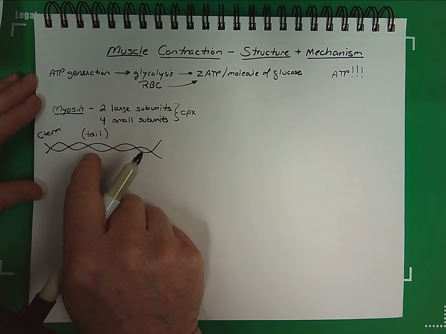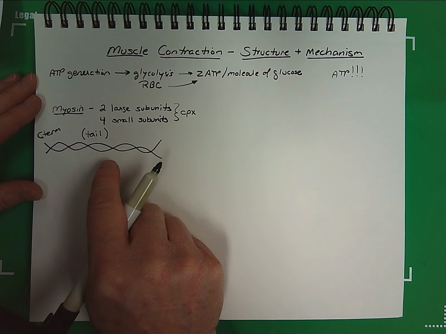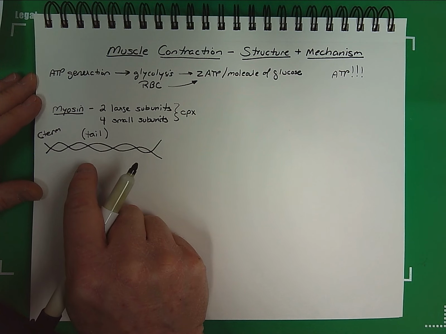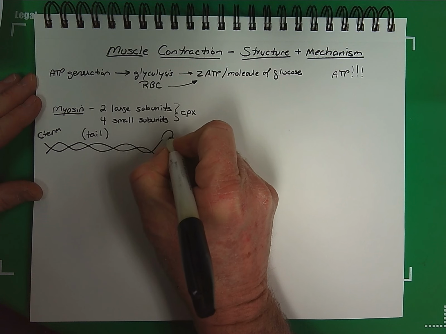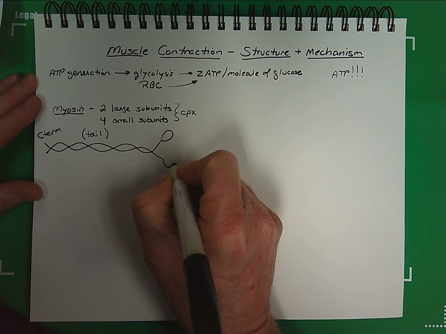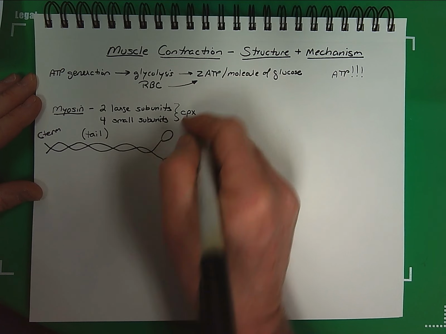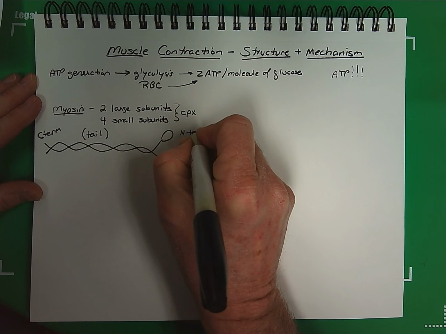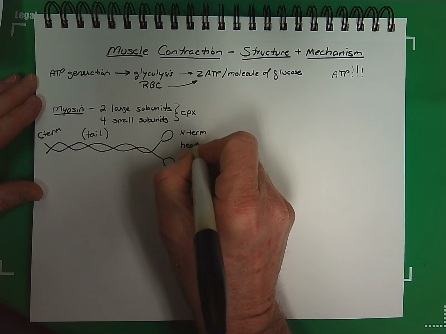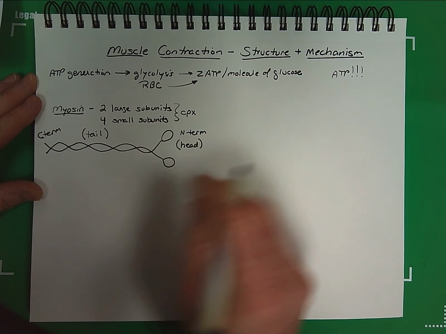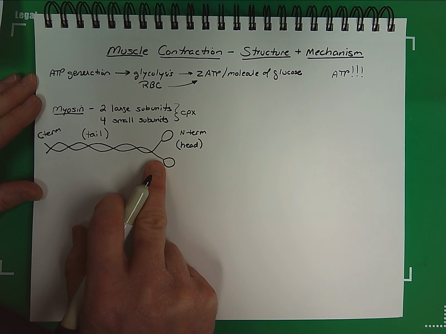The tail of myosin will, as we see in a minute, perform the interactions to form the large myosin structure in muscle. Now, toward the N-terminus of myosin, we have two globular domains, and these globular domains are referred to as the head groups of myosin, of which there are two.